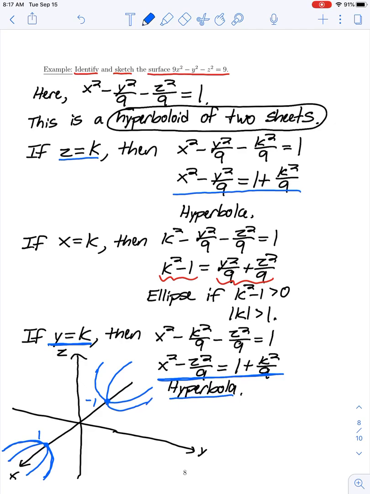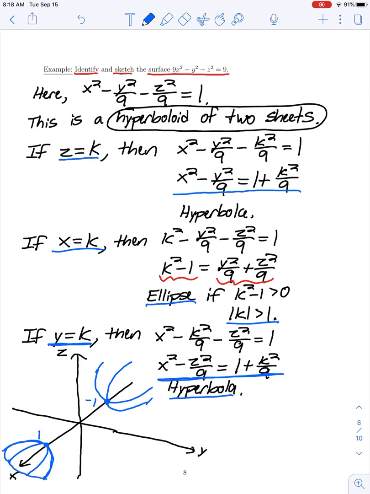And then if I consider my traces in planes parallel to the YZ plane, so looking at fixed values of x, well, I have an ellipse as long as the magnitude of k is greater than 1. So as long as I've moved outward from the YZ plane 1 unit, I would have an elliptical cross-section.